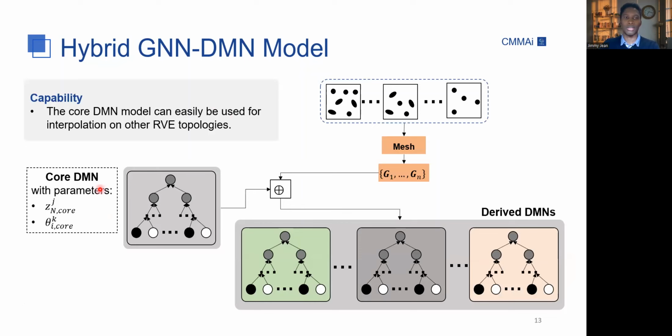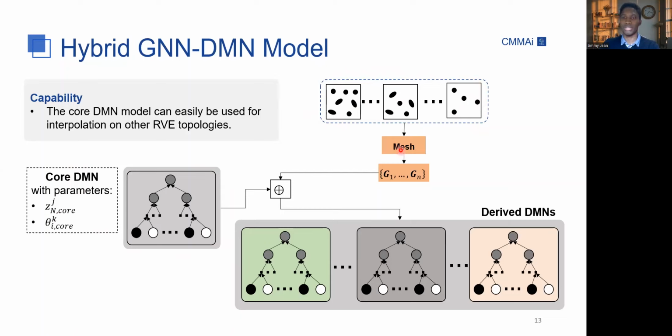Next, by using such a structure, we hope to be able to handle different RVE topologies. Let's say that this DMN is the one that we have been able to train through some data. What we wish to accomplish is to use new RVEs which we have not seen during training.